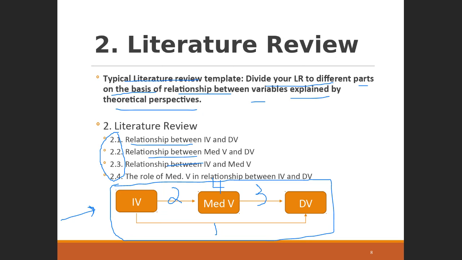Okay, so the number of relationships shown in your theoretical framework must guide your literature review. So if you have three relationships, your literature review section should have three subsections. So this is what we discussed in our AS2 as well.